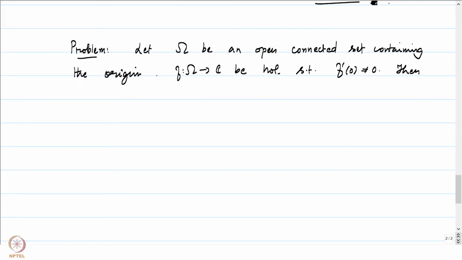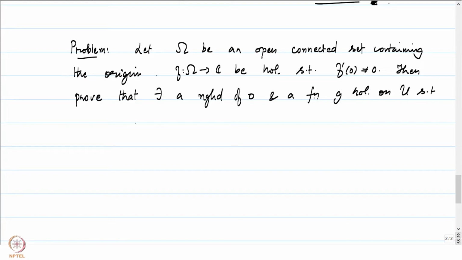Then prove that there exists a neighborhood U of 0 and a function g holomorphic on U such that f of z to the power n is equal to f of 0 plus g of z to the power n for some positive n.